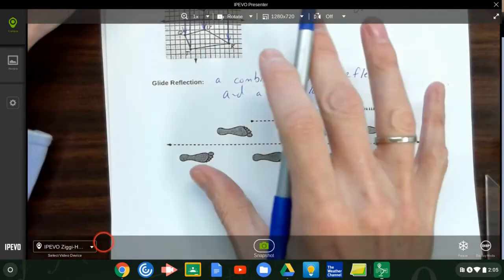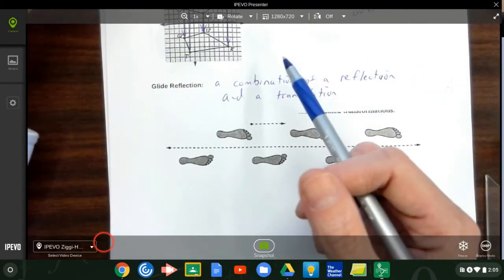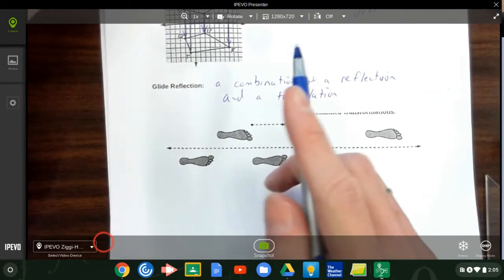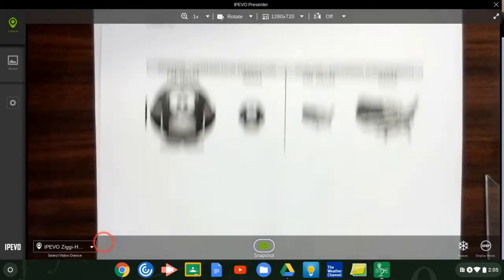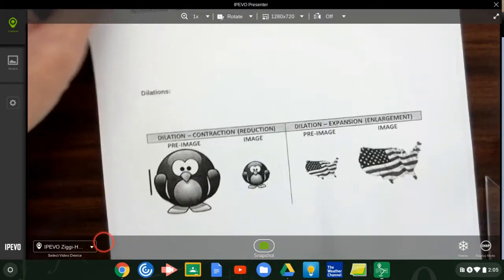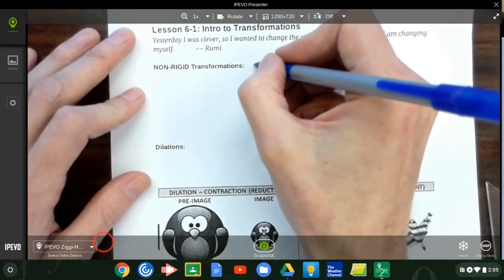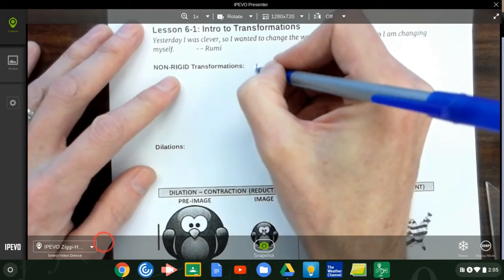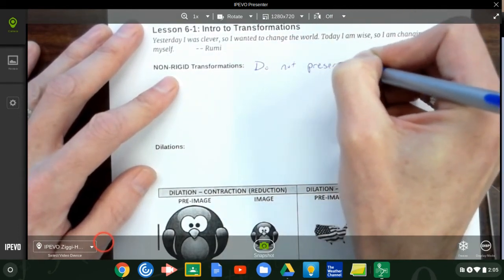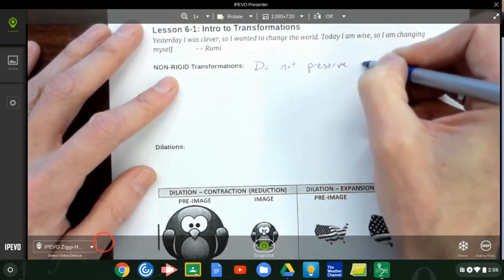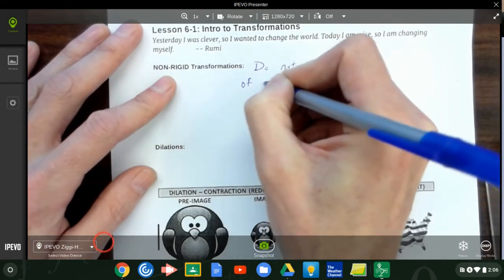Now, all of these were isometries. They all kept the same shape. The star never changed in any of these. We are going to study one that's not an isometry, and it's something you may have talked about before. A dilation. Dilations are non-rigid transformations. Non-rigid transformations do not preserve the size of an object.